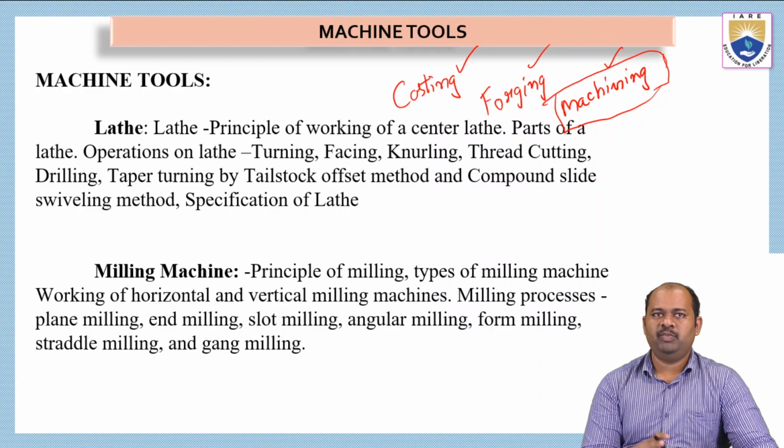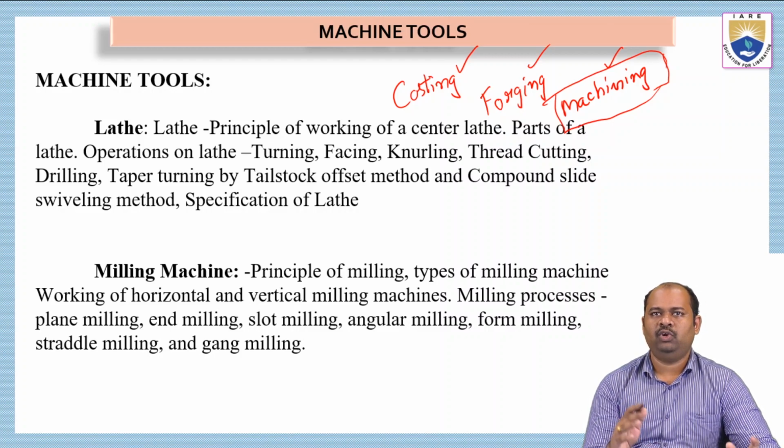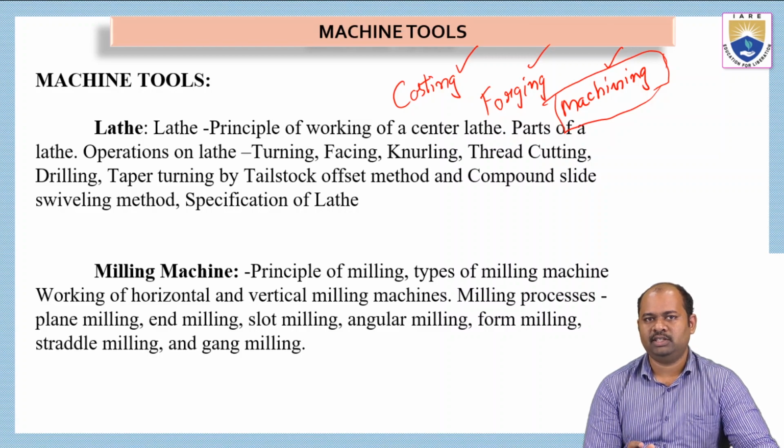Among those machines, let us study the lathe machine first. The lathe machine is a very popular machine where multiple operations can be done by changing small parameters or small adjustments. A lot of applications and processes can be done on this lathe machine.